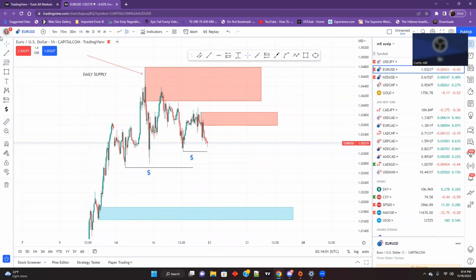Now, what we would like to do, first of all, there's a wick up here. And sometimes before a big reversal, people that sold already are probably in the trade.